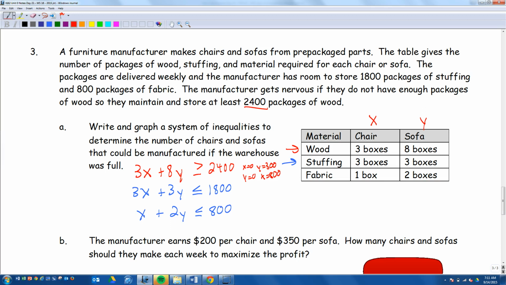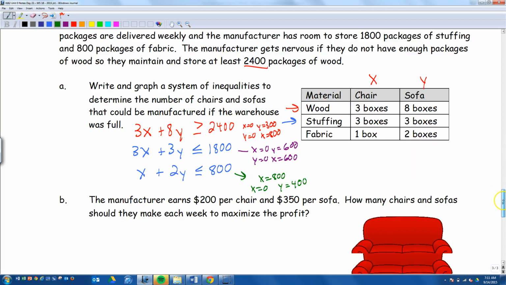Okay, so then I look at this next one. When x equals 0, y equals 600, and same thing for the other way. And when I look at this one, x equals 800 when y equals 0, and when x equals 0, y equals 400. So it looks like I need up to like 800 on the axes.